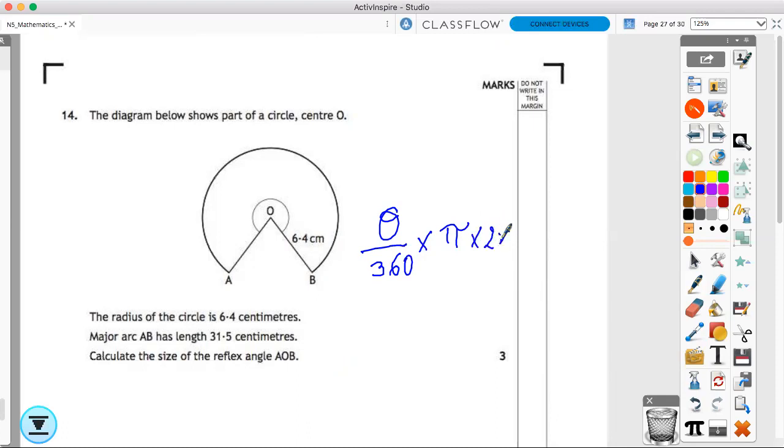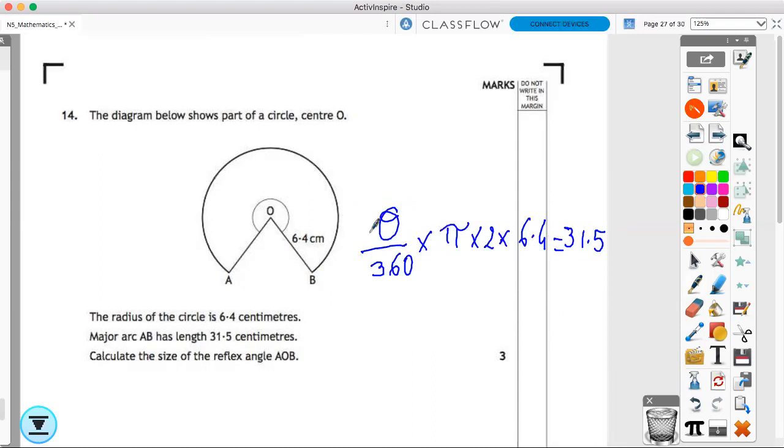So that's calculating the reflex angle, not the same as you would for a minor arc. Basically this is equal to 31.5. 31.5 is your major arc.